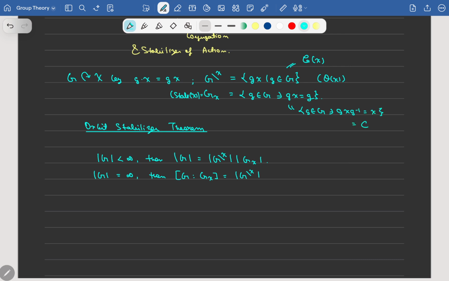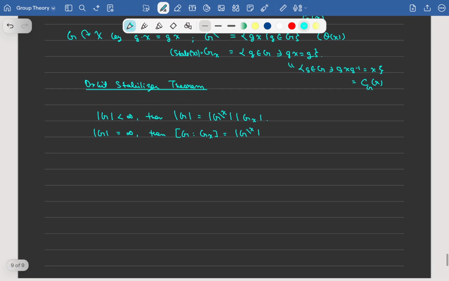So this is nothing but the centralizer of x in G. From here you can conclude that the cardinality of G divided by the cardinality of the centralizer of an element is exactly equal to the order of the conjugacy class of that element.